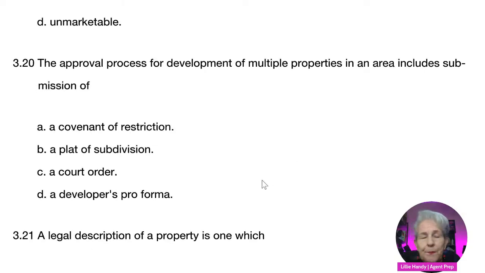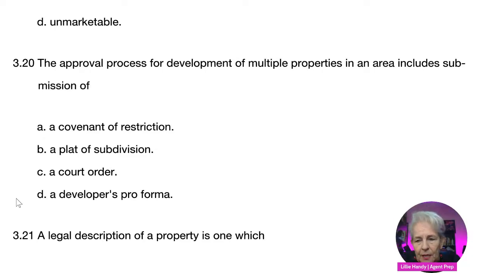Number 20. The approval process for development of multiple properties in an area includes submission of A, covenant of restriction, B, a plat of subdivision, C, a court order, or D, a developer's pro forma. So you've got a development, a piece of land, and now it's being subdivided.